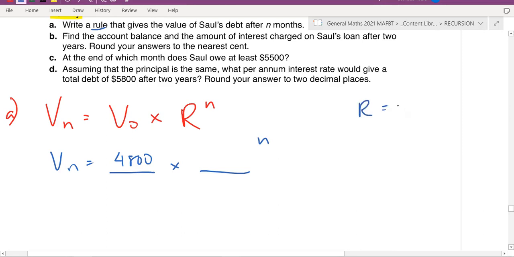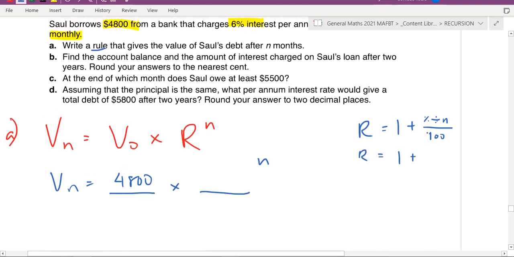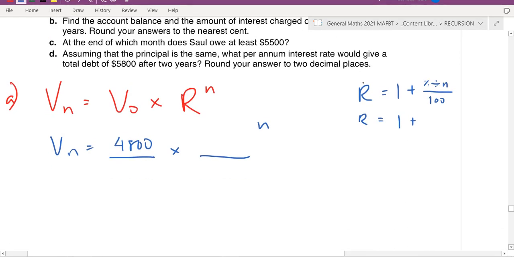Remember, if it's depreciating, it's minus, but if it's increasing, it's plus. So r equals 1 plus the percentage divided by the number of compounds, over 100. Reading the question, I can tell the percentage rate is 6%, and it's compounding monthly. So 6 divided by 12 over 100 for the r value.